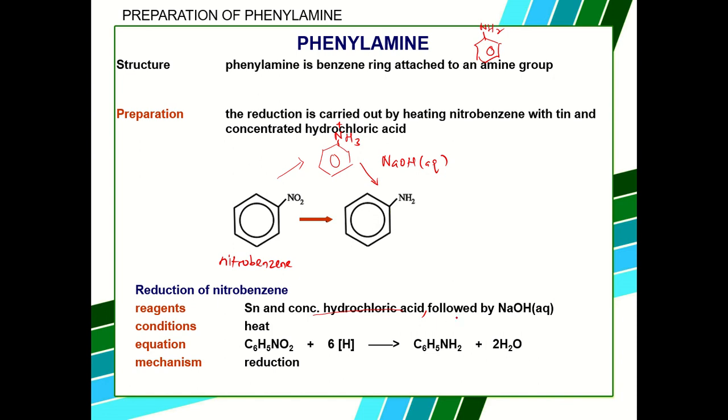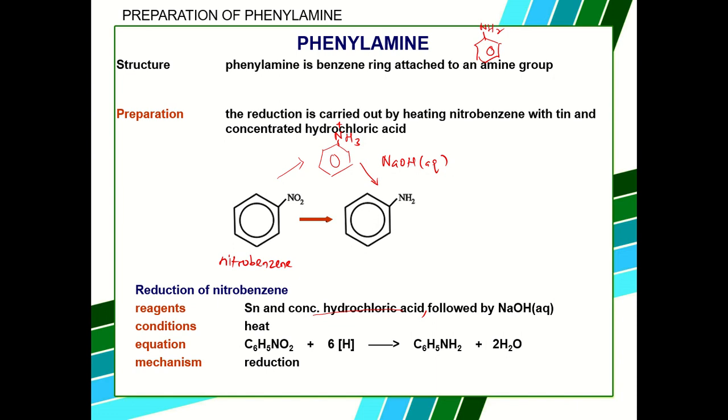That is the reason why it is followed by sodium hydroxide. Of course, this reaction has high activation energy because you're breaking N-O bonds. Therefore, you need heating to provide the energy. So sometimes in the question they will say hot, tin, and concentrated hydrochloric acid, meaning use this reagent and heat the whole mixture.